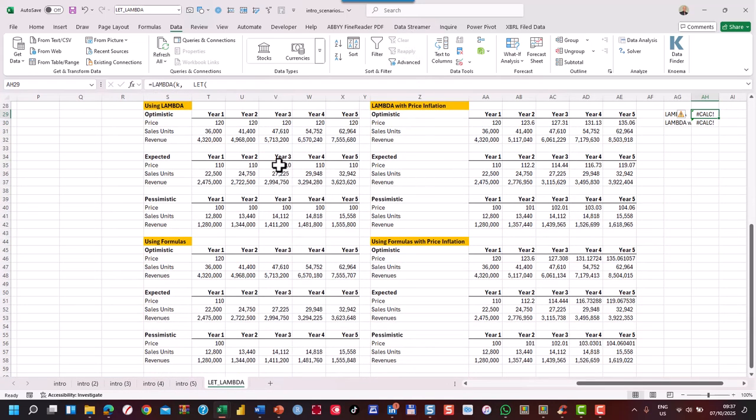I've done lambda and ordinary calculations. If you don't understand lambda, or you don't want to learn them, I understand, then you don't have to. I've done both options. And the same with price inflation. What have I got here?